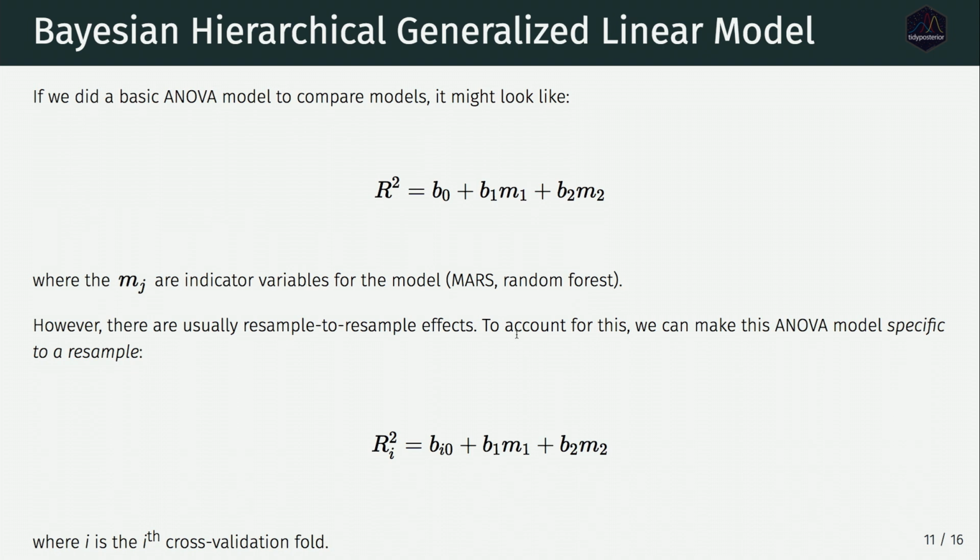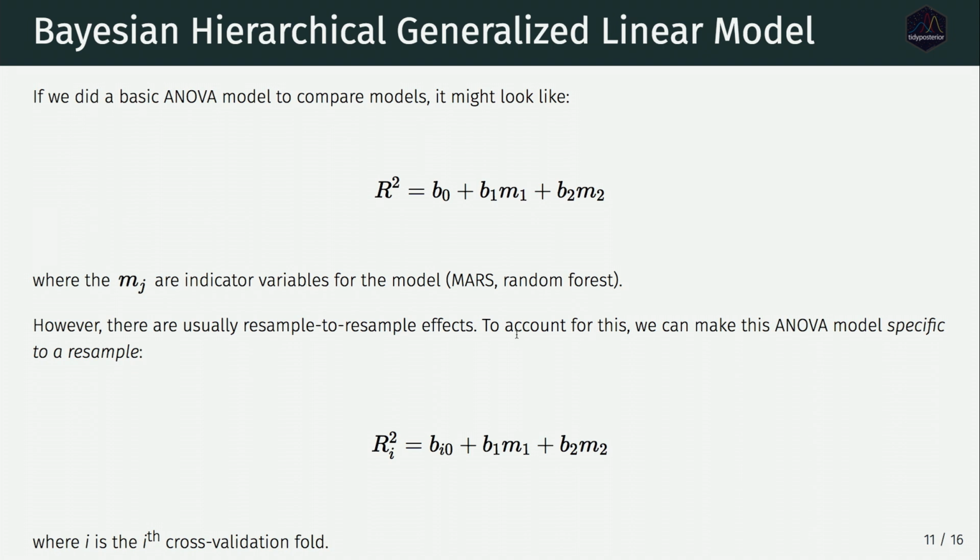Now, I haven't really talked about the resamples. There are no subscripts i or anything like that. The way you can think about this is what we call a random intercept model. We're going to say that at the resample level, for a specific resample, R-squared sub i, they have some random intercept that puts them somewhere on that curve, and then a systematic effect due to model 1 and model 2.